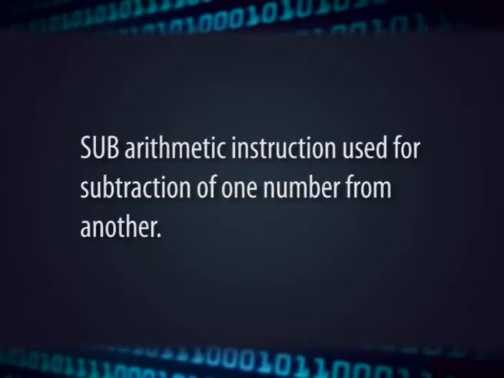Today we are going to discuss another arithmetic instruction called SUB, used for subtraction of one number from another. The instruction set of the 8086 microprocessor provides an extensive set of instructions for implementing subtraction.